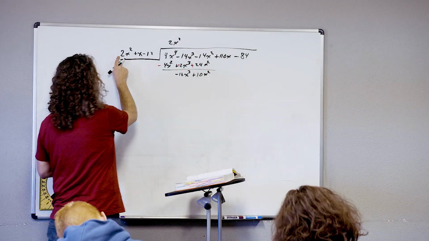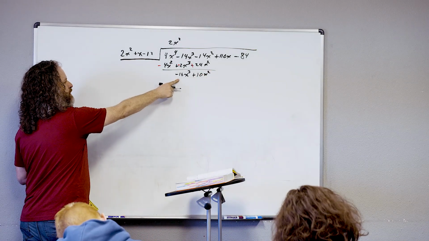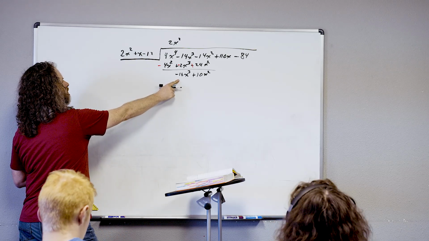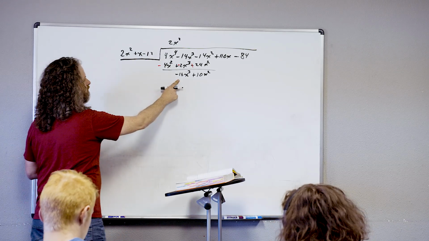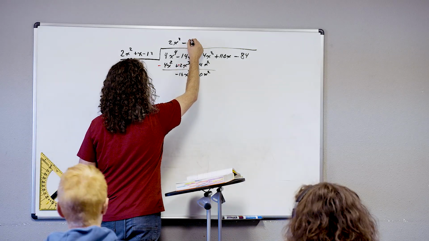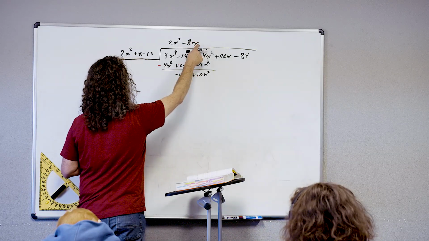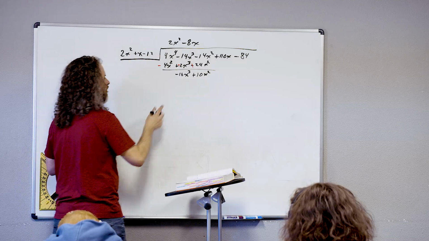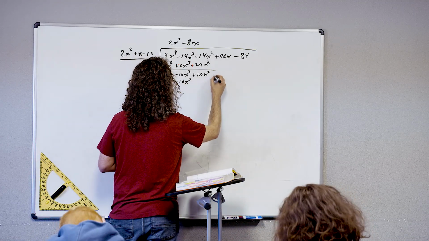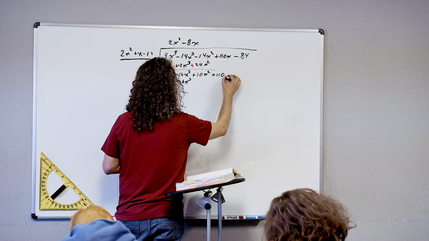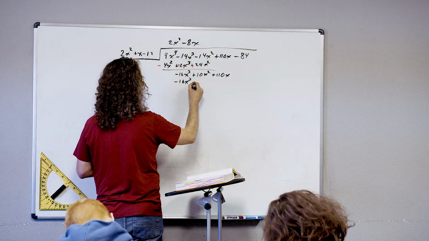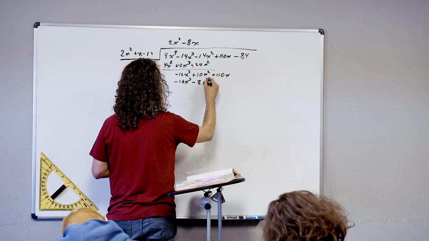And then 2x squared goes into negative 16x cubed how many times? It goes in negative 8x times, and we distribute. Negative 8x times 2x squared is negative 16x cubed. Oh, I didn't bring this down. And then negative 8x times x is negative 8x squared.